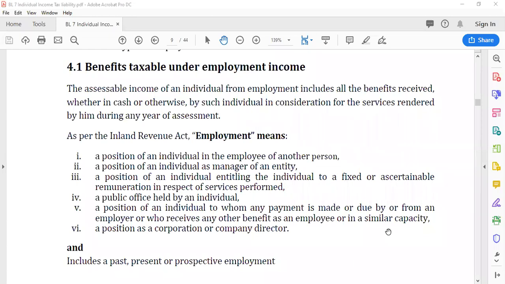An employee is liable to pay tax on both cash and non-cash benefits. The assessable income of an individual from employment includes all benefits received, whether in cash or otherwise, by such individual in consideration for the services rendered by him during any year of assessment.